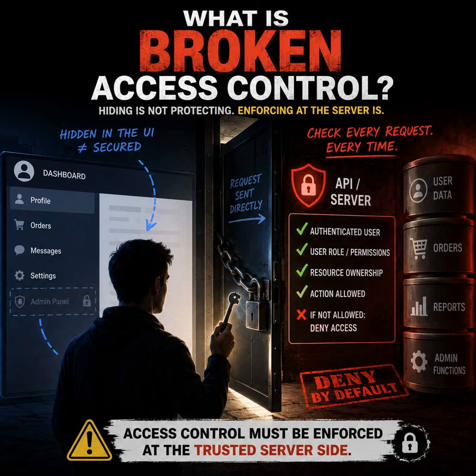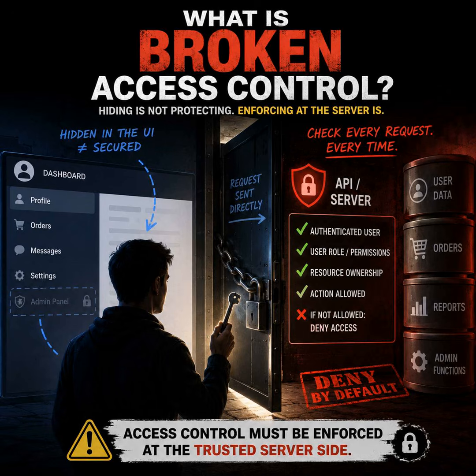Authentication answers who the user is, while authorization answers what that authenticated user is allowed to see or do. Broken access control occurs when the application fails to apply those authorization rules correctly, consistently, or at all. The failure may expose another user's data, allow a normal account to reach an administrative function, or permit an action that should be limited by ownership, role, location, account status, or another condition.